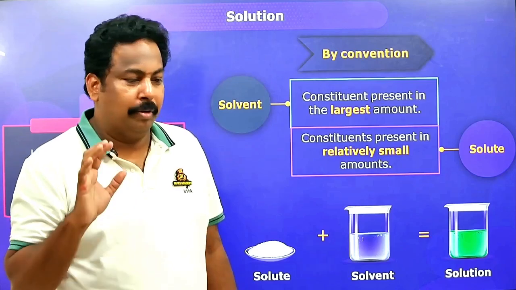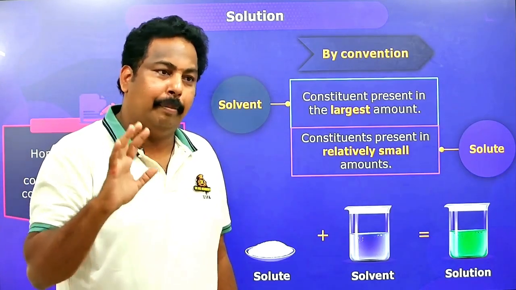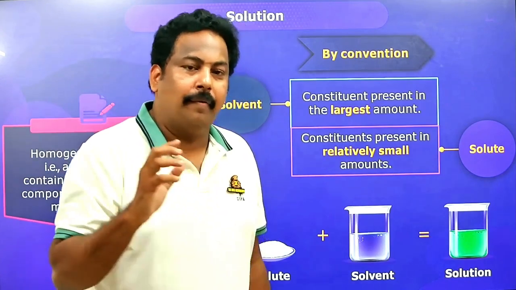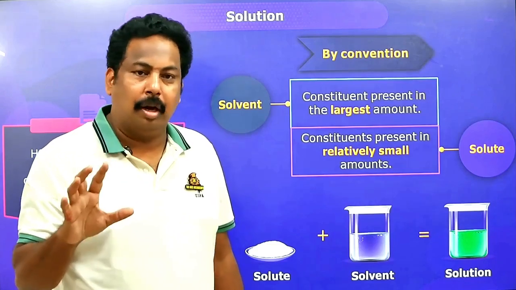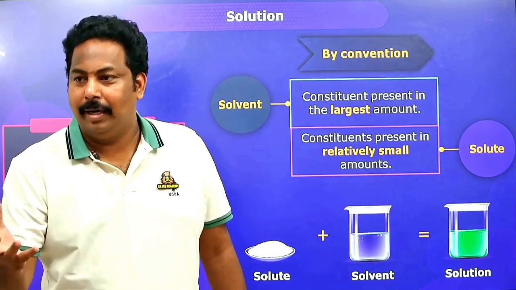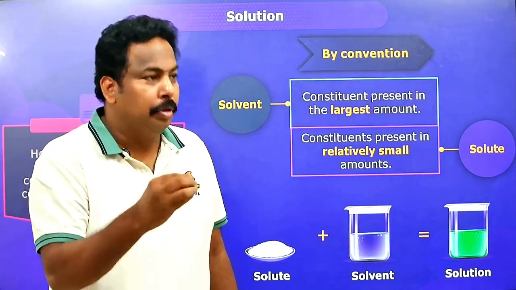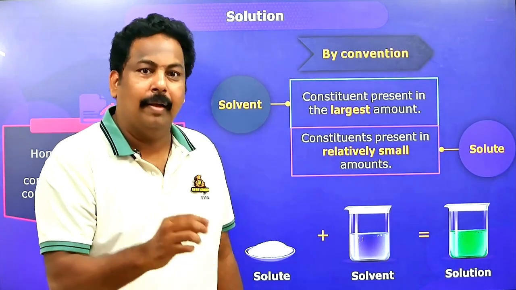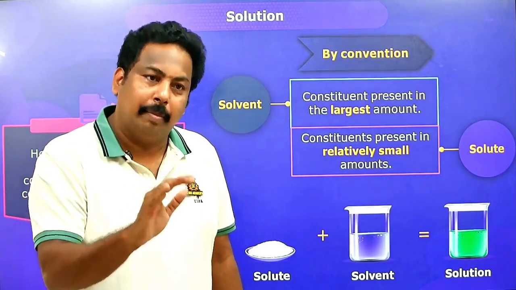We are going to handle only binary solutions, having one solute and one solvent. Solvent is normally the bigger component in a solution, and solute is the lesser component.